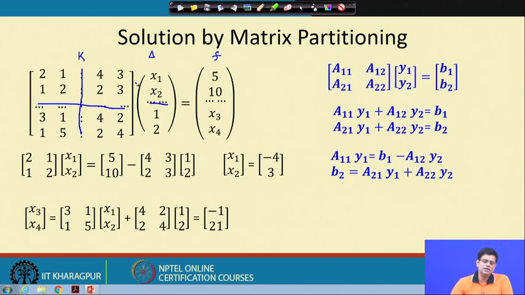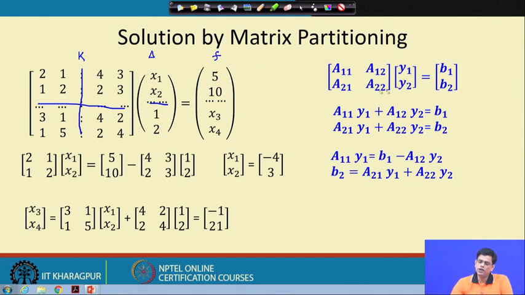Y1 is essentially x1 and x2, and Y2 is essentially the known displacement vector. Similarly, we can partition the force vector into B1 and B2. B1 is your 5 and 10, which is a known vector, but B2 is unknown for us.